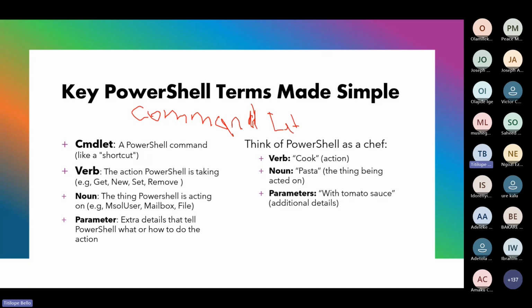Then we have the verb. Like I've said again, the verb is the action that PowerShell is taking. Examples of this: we have Get, to get something, like you want to get something from your fridge. We have New, create something new in the environment.